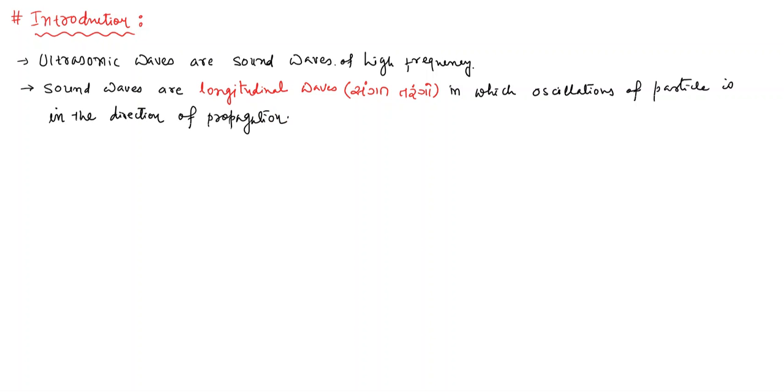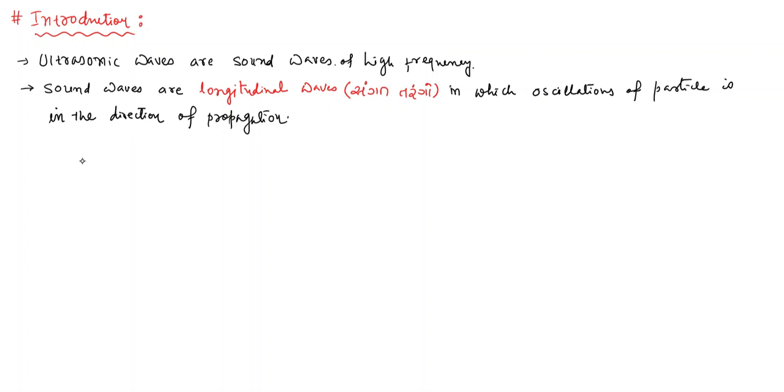So what do you mean by longitudinal waves? Then we can say that the longitudinal waves are the waves in which the oscillations of particles of the medium are in the direction of propagation.